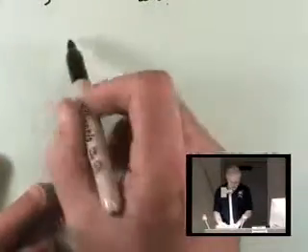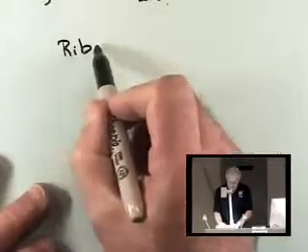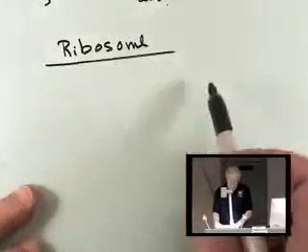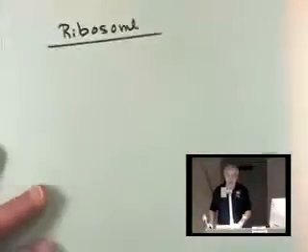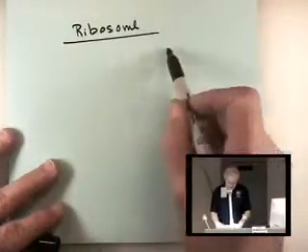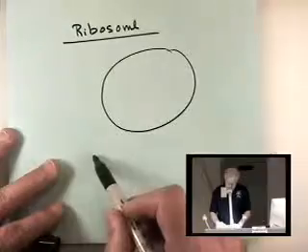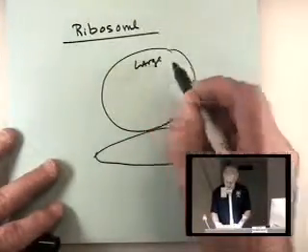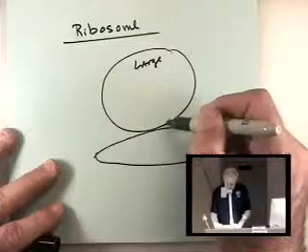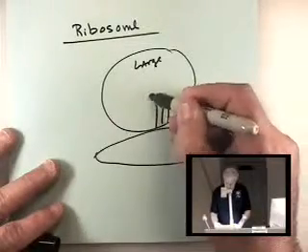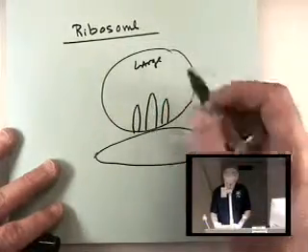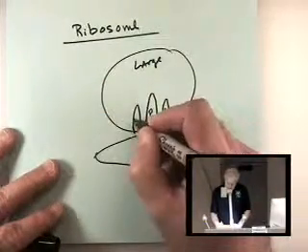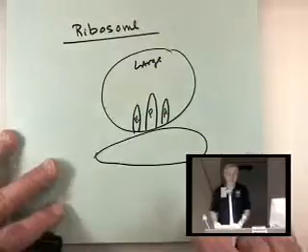Well, let's look at the ribosome at a lower mag right now. It has 2 subunits. It has a large subunit with 3 sites on it. These sites are the A site, the P site, and the E site.